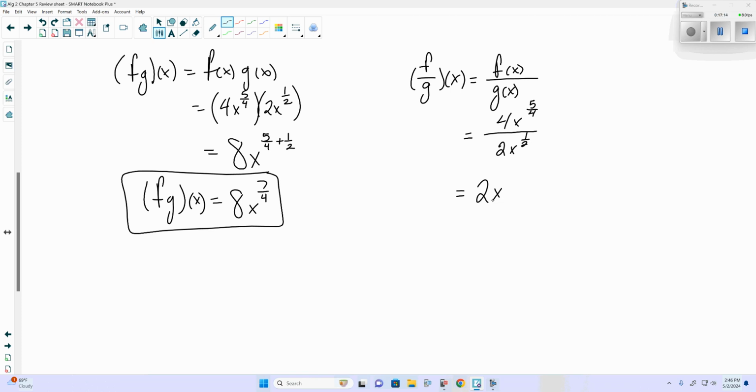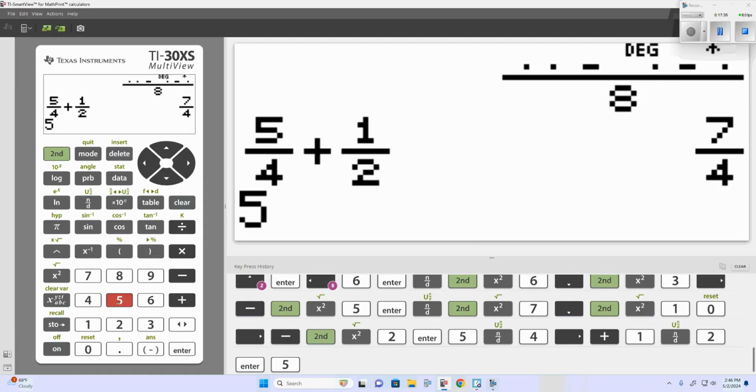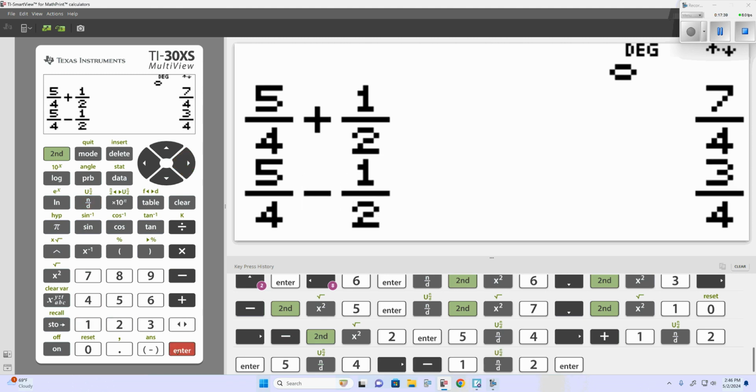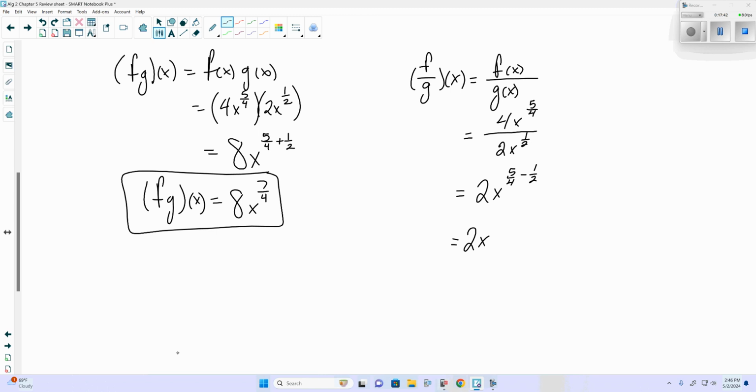Now when we divide like bases, we do what with the exponents? Minus. Because when we multiply like bases, we add the exponents. So when we divide like bases, we subtract. So 5/4 minus 1/2. 5/4 minus 2/4 is 3/4.